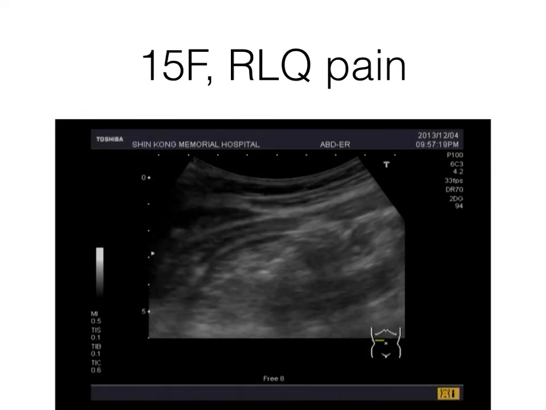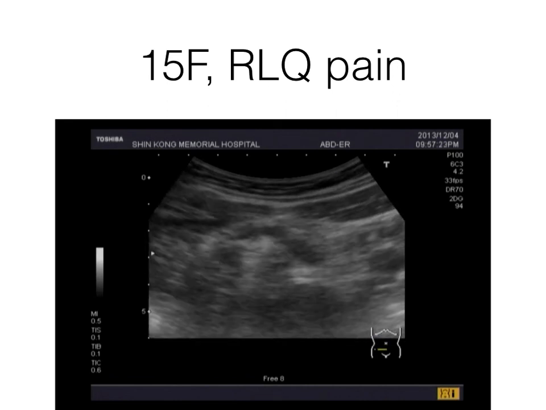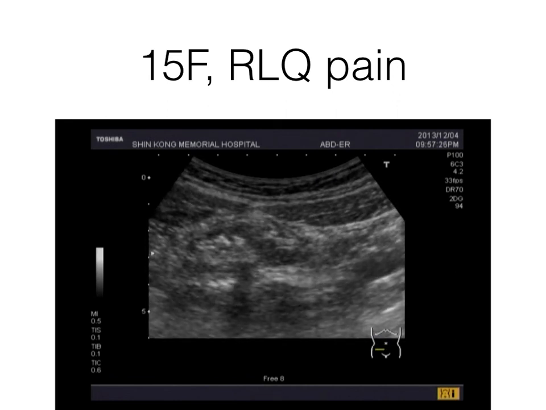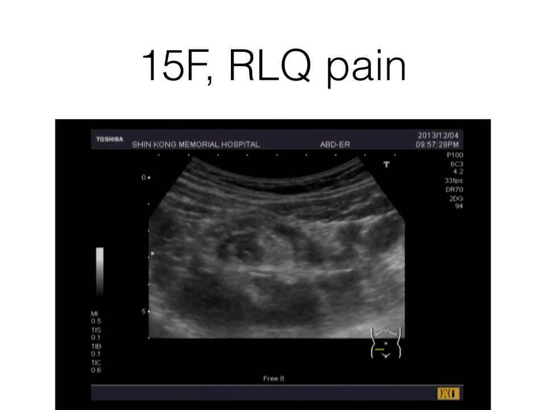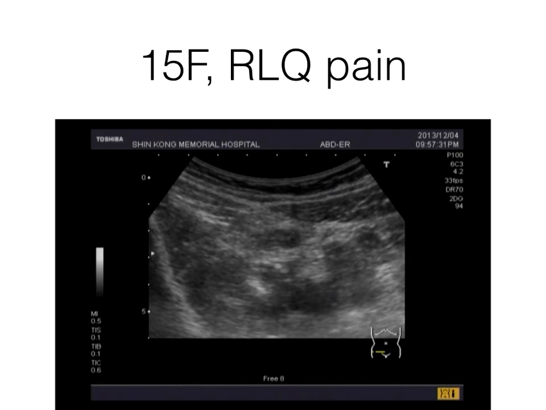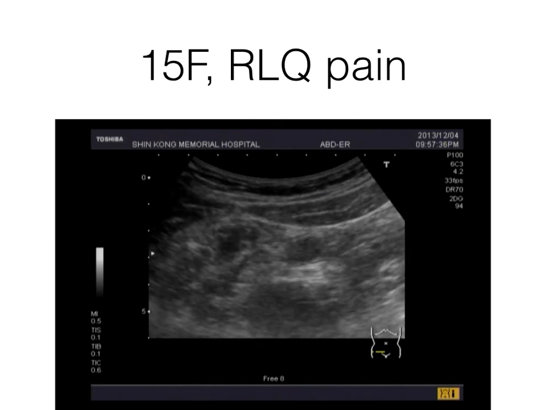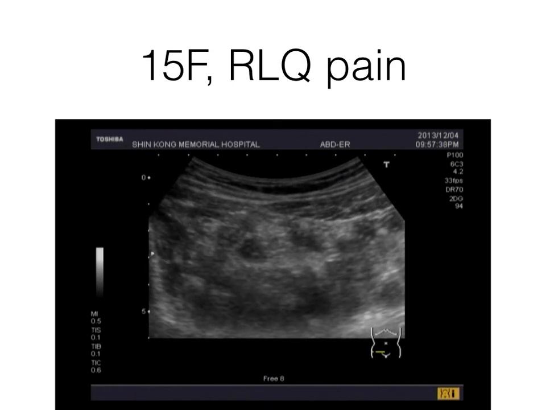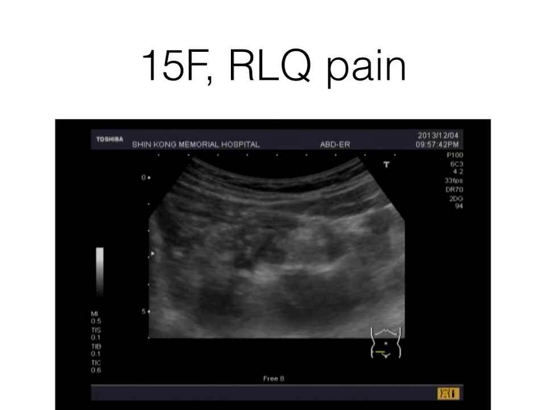Then a 15-year-old girl with right abdominal pain. Center on the location, scanning transversely over the painful area. What do you see? Iliopsoas muscle, right? What do we see? Appendicitis. What does the appendicitis look like?